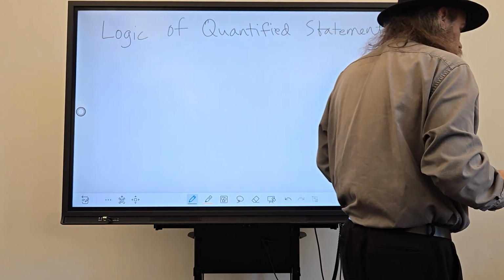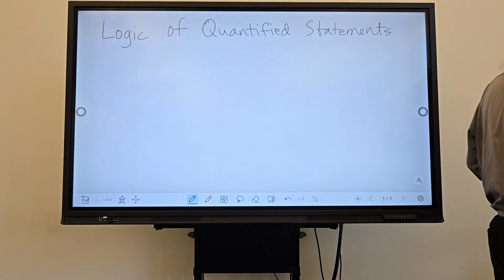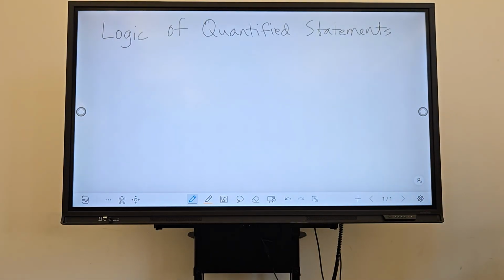All right. Predicates and quantified statements. A predicate is a sentence that contains a finite number of variables and becomes a statement when specific values are substituted for the variables.